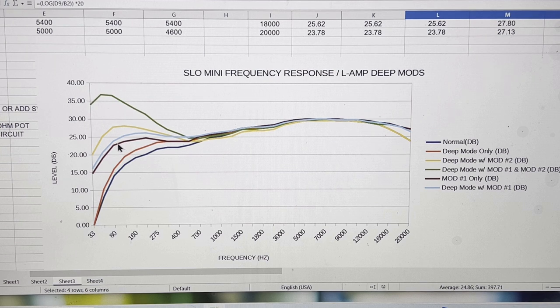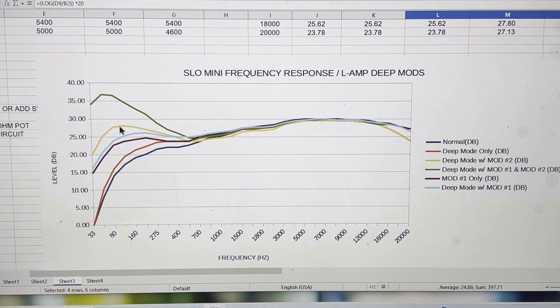Because remember, it's back in the preamp section, not the output section where the deep mod is. Then in the blue, I put it in the deep mode with mod 1. So you can see it has, well, not quite 3 dB gain, but it has a little bit more gain.